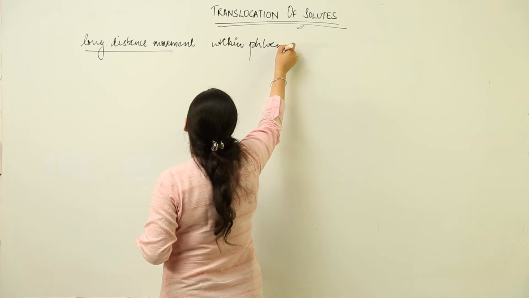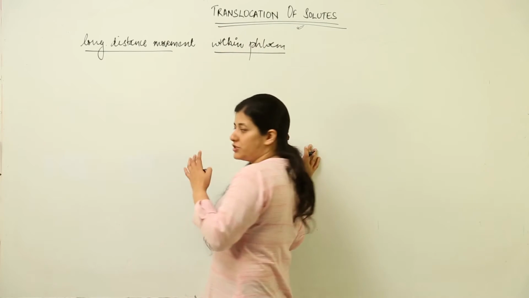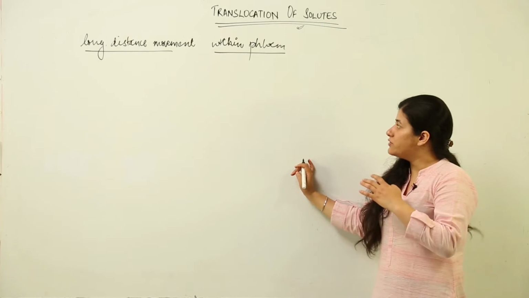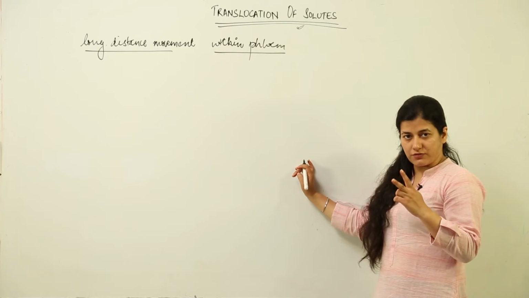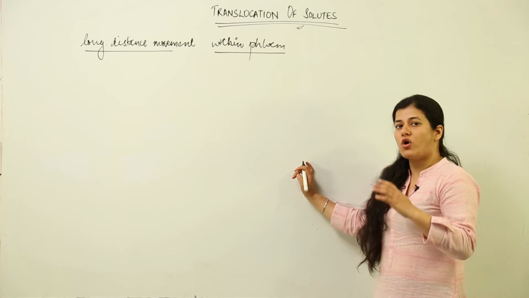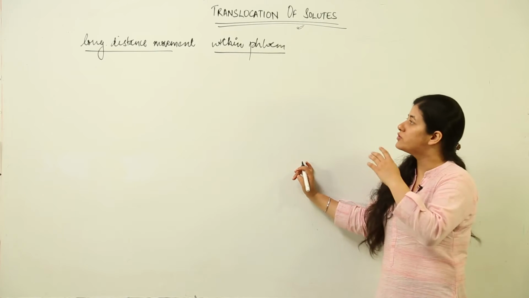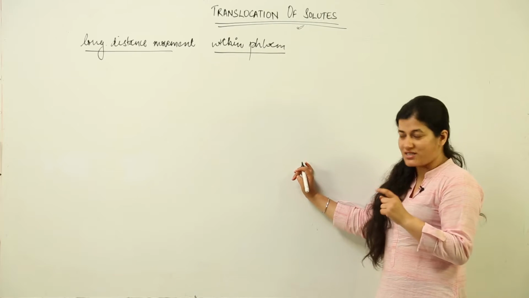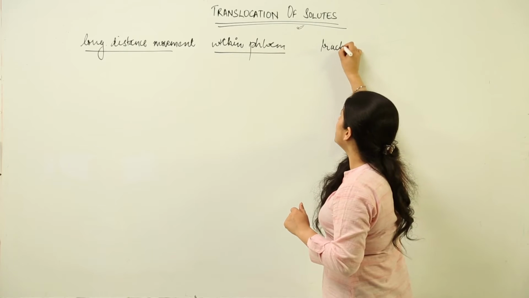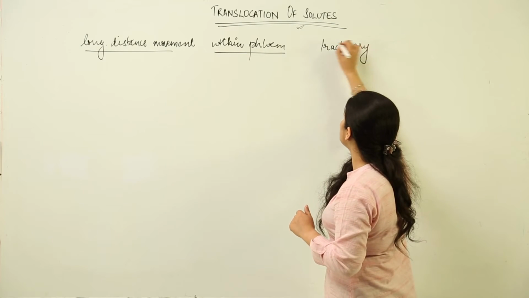Now, as you can recall, phloem is the tissue which is responsible for carrying the food material within the plant. You see, there are two elements which are responsible for the translocation of solutes over a long distance. That is the tracheary elements and the sieve tubes.